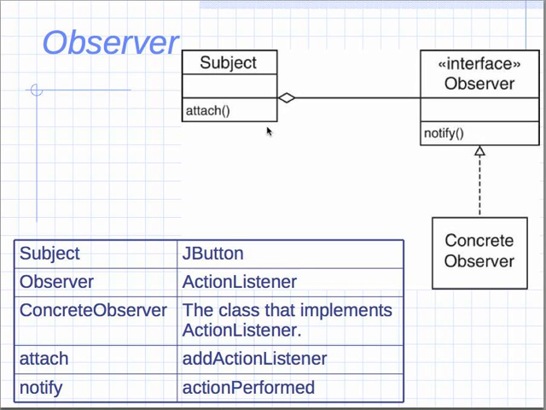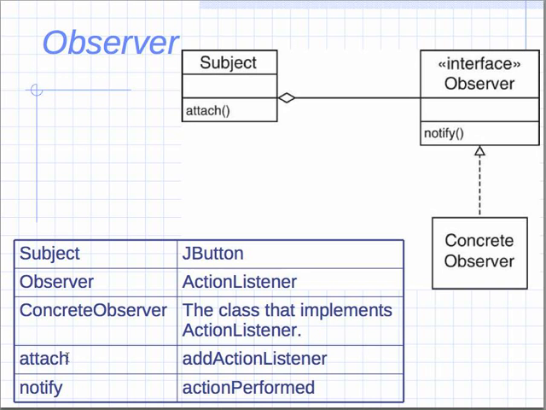Let's assume that a concrete subject would be something like a JButton, and the observer is an action listener interface. And concrete observer is any class that implements action listener, like something that's listening for button events.